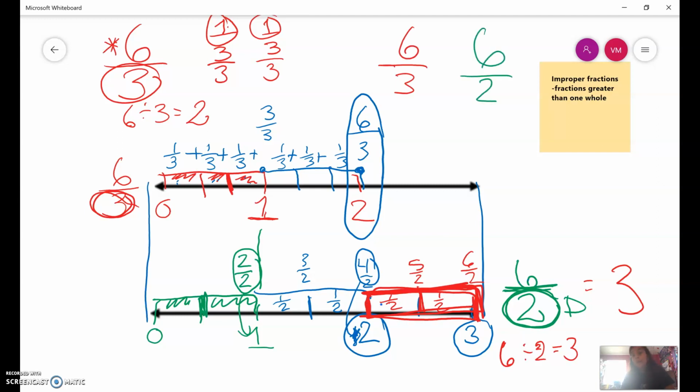Well, I know halves are greater and I have 6 pieces of the halves. So I still know that this is greater. I don't need to cross multiply because I know halves are larger and I have 6 of them. Thirds are smaller and I have 6. My third is smaller than my half.